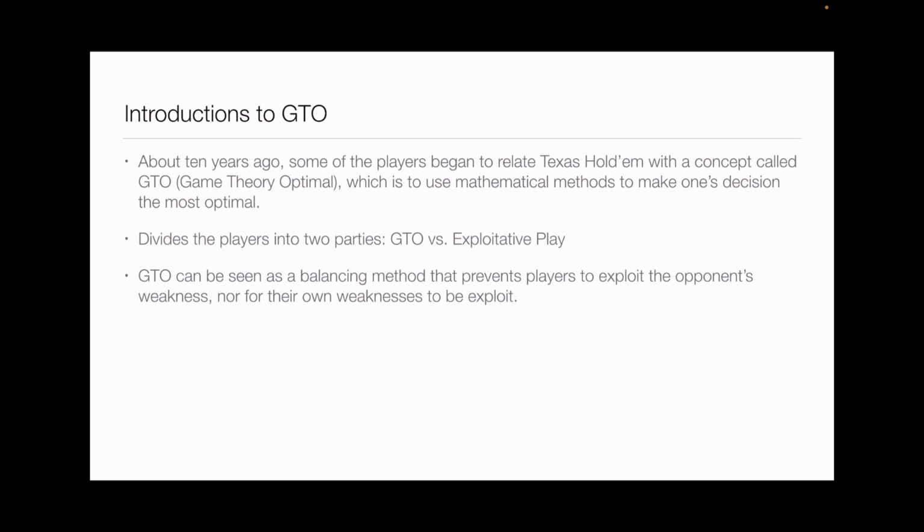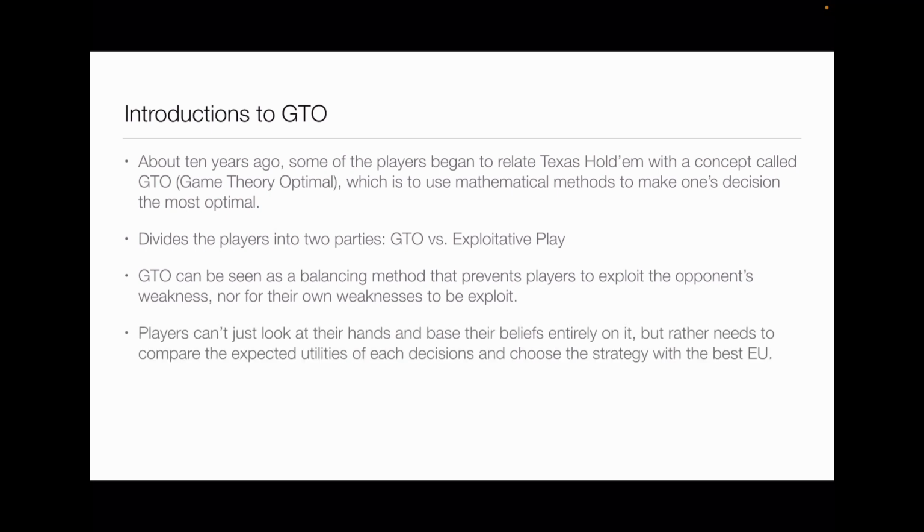Due to the introduction of GTO, players can't just look at their own hands and base their belief entirely on it, but rather they need to compare the expected utilities of each decision and choose the strategy with the best expected utility.